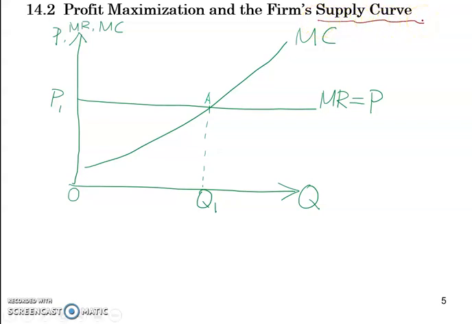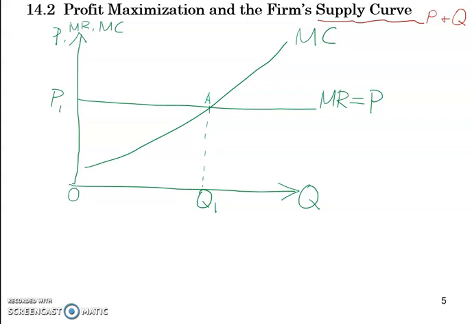Recall how we defined it back in chapter 4. We said that this is a curve that tells us the one-on-one relationship between the price and the quantity, and at each possible price, how much producers are willing and able to sell.